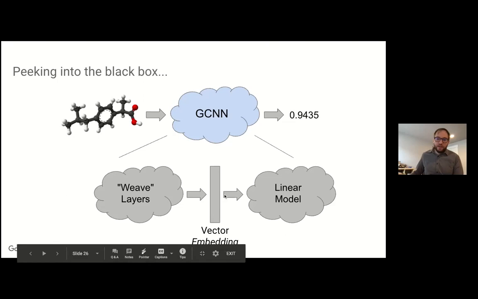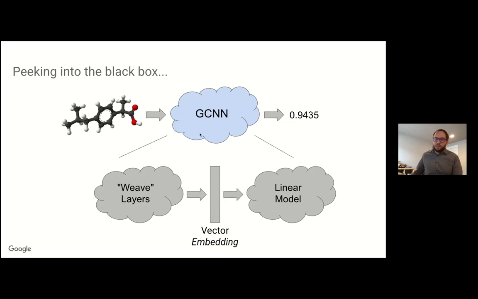So in a way, the graph convolutional neural network is a fingerprint learning machine that learns a representation that we hope is better than ECFP for actually making predictions about activity against the target that we're interested in.